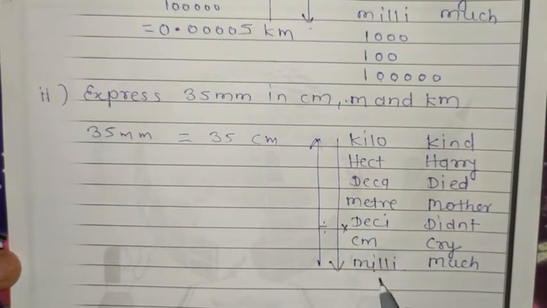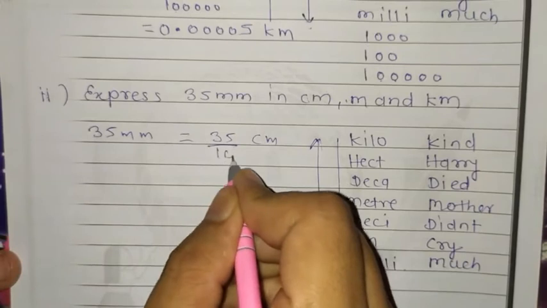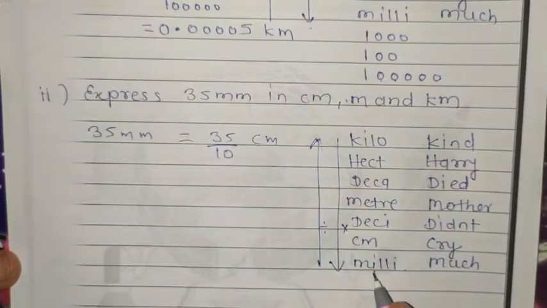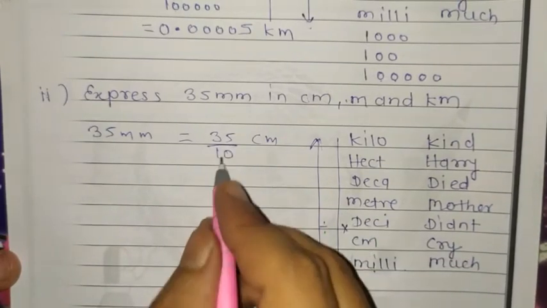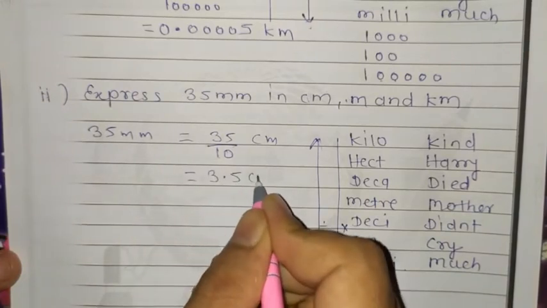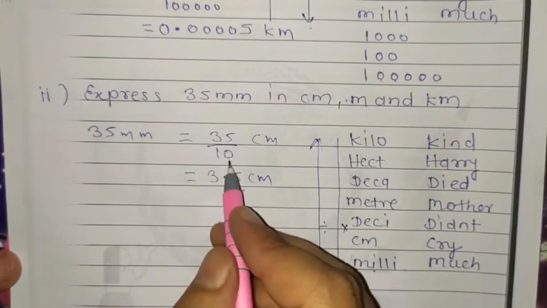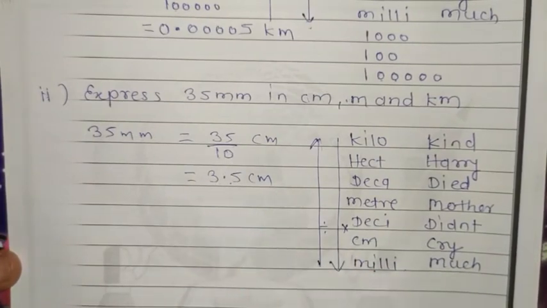So we are going into upward. Millimeter to centimeter, only one distance is there. So after 1, only 1 zero is there, and we are going in upward direction. So it is division. So it is 3.5 centimeter, because after point 1 digit is there, because number of 0 is 1.